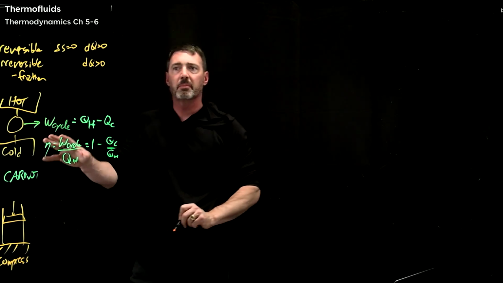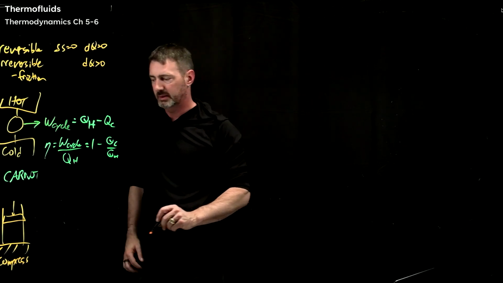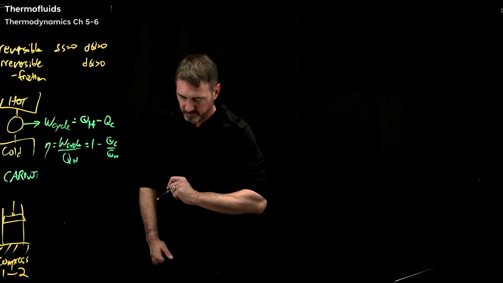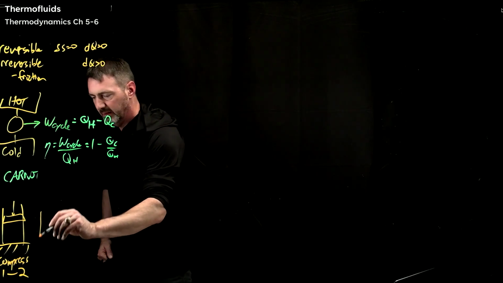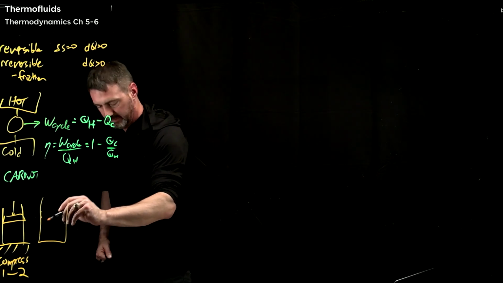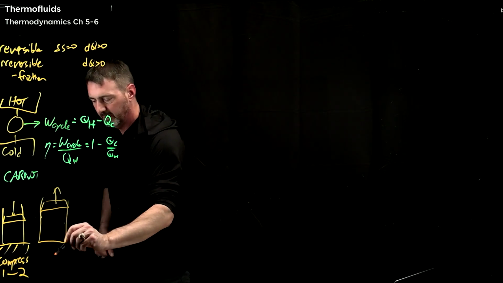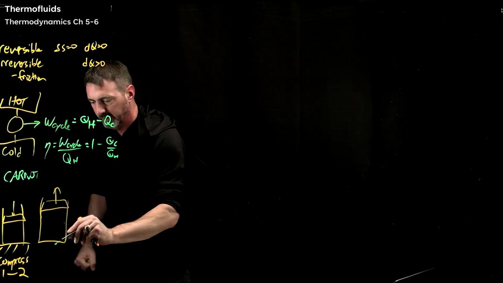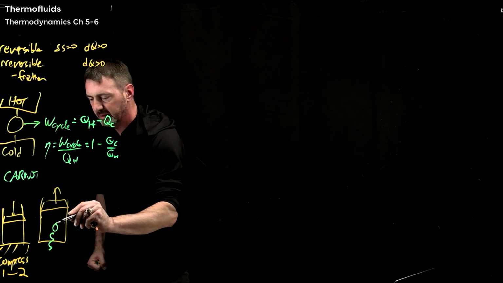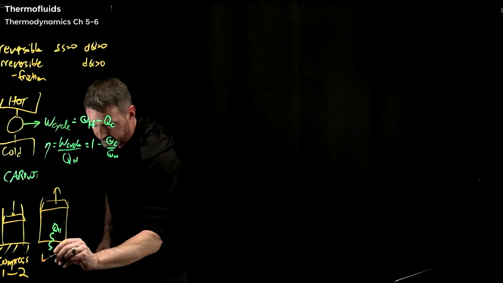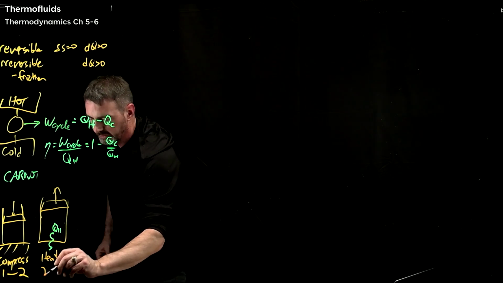We're going to compress with no heat leaving the system, and this is going to be states 1 to 2. Then we open up the system and drive the piston back up, but we add heat in. At this point, heat comes in, and that's our Q hot. This is heating, which we'll call 2 to 3.